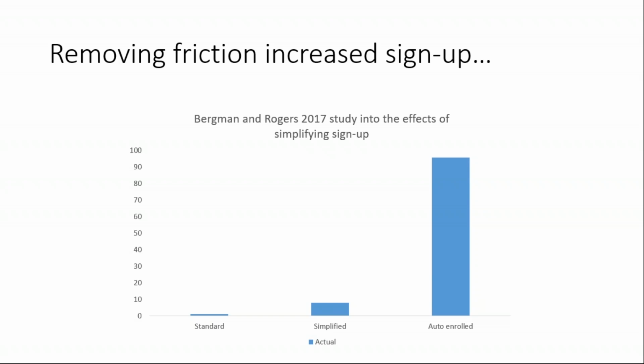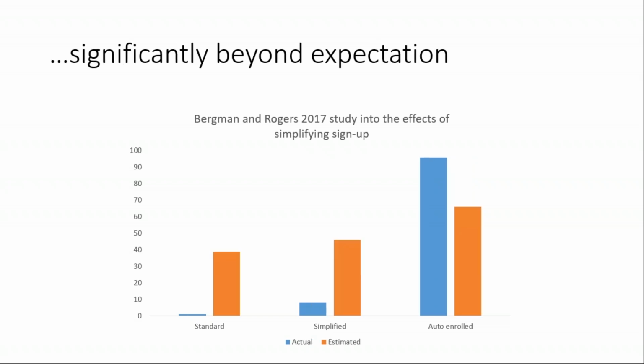They gave them the standard, simplified and auto-enrollment scenarios. And the experts were wildly off. They imagined that in the standard sign-up process, 39% of people would sign up, 46% in the simplified version, 66% in the auto-enrollment. So they didn't envisage a spread of 95 percentage points. They thought it would be much tighter, 27%.